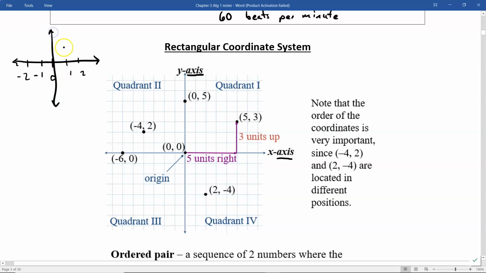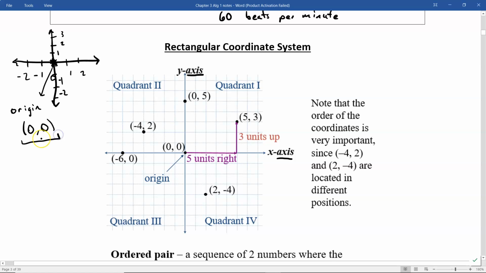And with this one, since it's flipped on its side, the positive numbers are on the top and the negative numbers are on the bottom. The 0 is still in the middle, so this point where they intersect is called the origin, and its coordinate is 0, 0.